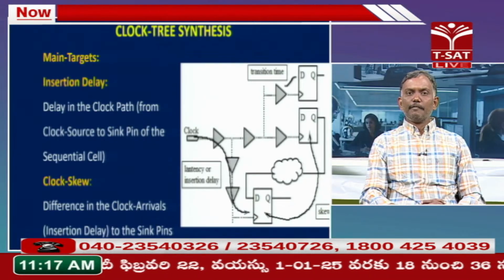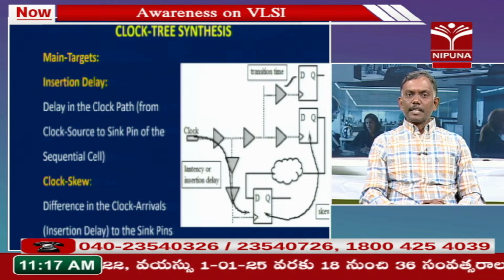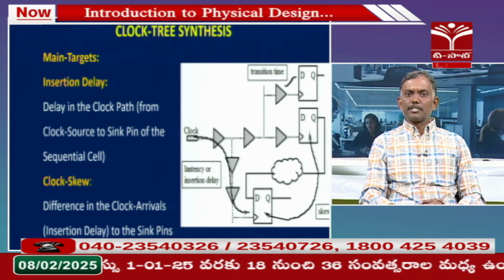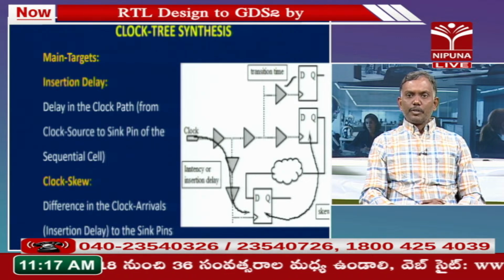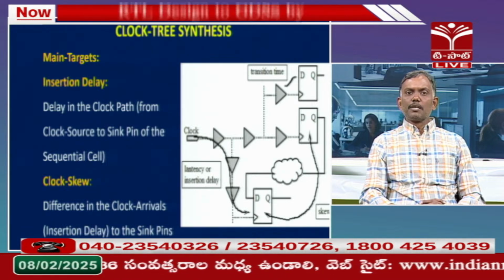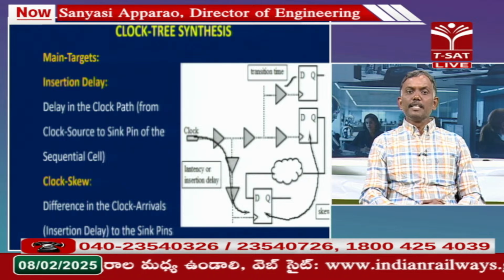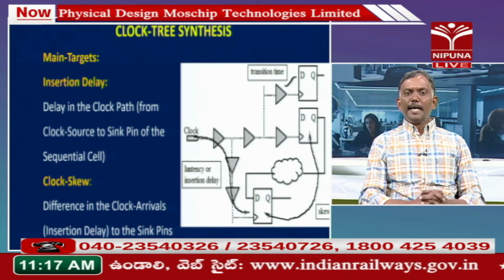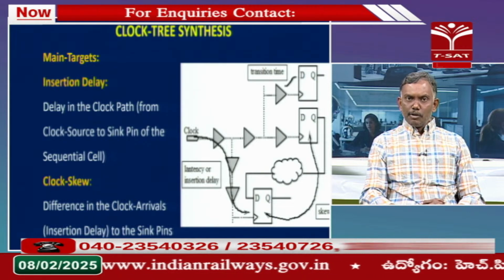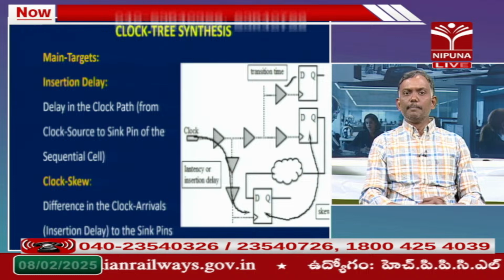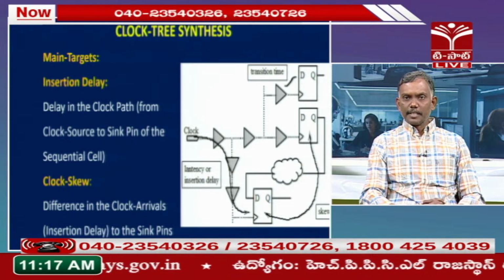The 3 flops have 3 different insertion delays, depending upon their placement and the way the clock tree is built. As a part of clock tree synthesis, we should achieve the least possible clock skew and least possible insertion delay. Those are the main targets of clock tree synthesis, because your clock skew also will impact your timing check.